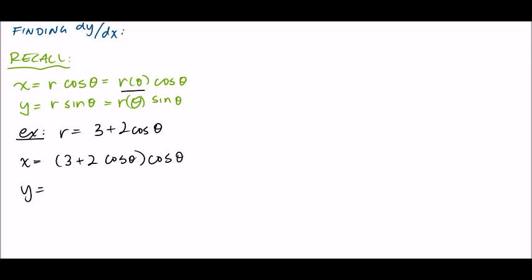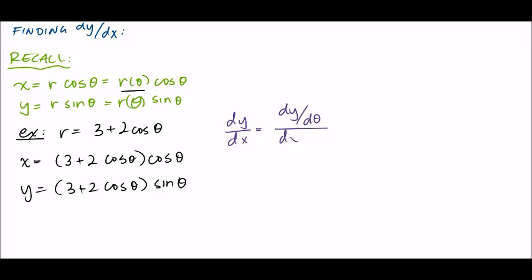And y is going to be 3 plus 2 cosine theta, times sine theta. Now it's actually a set of parametric equations. We know how to find dy dx then, right? dy dx is just equal to dy d theta over dx d theta.